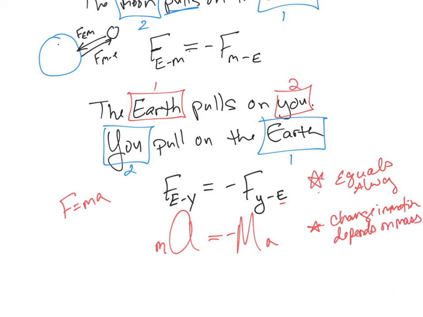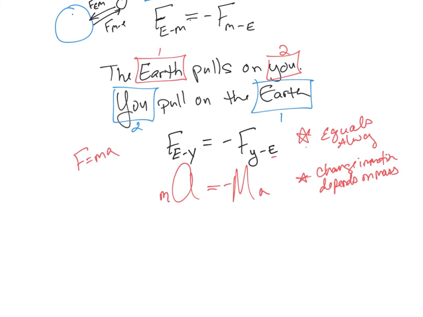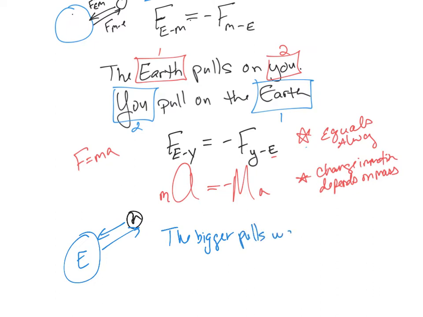So if we go back up and look at the moon problem, here's our moon, here's our earth. And if you want to say that the bigger mass pulls with the bigger force, the reason why that's a false statement is because it's only half the statement.